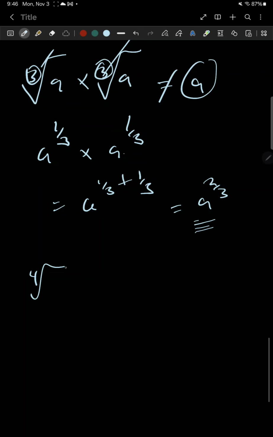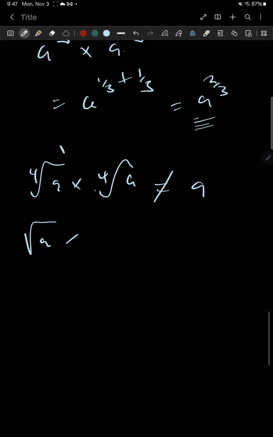For example, the 4th root of a times the 4th root of a, the answer is not a. Why? Because these 4th roots will not cancel. Only for square roots will they cancel if you multiply the two square roots.